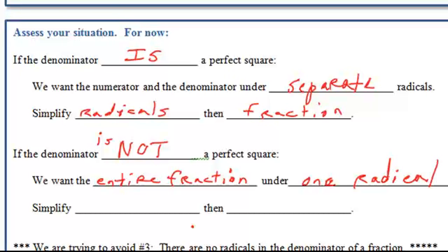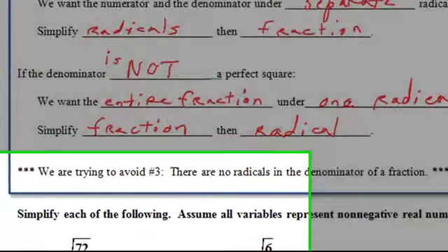See, I can hear the board writing. Now what we're going to do is, here we had to simplify the radicals and then the fraction. Now we're going to simplify the fraction and then the radicals. Okay, I'm going to move it down now.